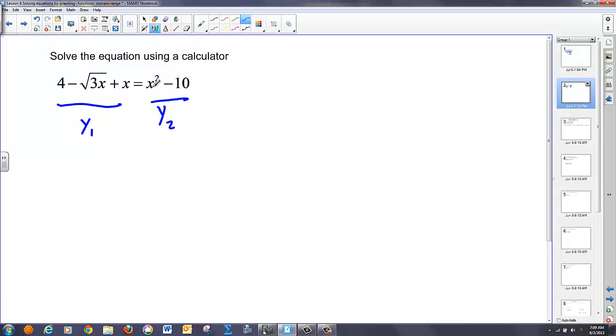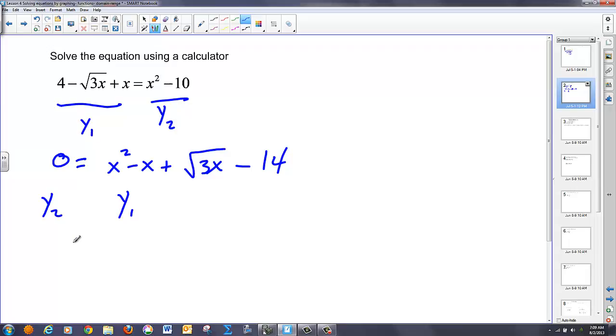I'm going to leave the x squared term positive, so I'll set the left side equal to 0, giving me an x squared minus x plus the root of 3x, and if I subtract 4 from that side, I get negative 14. So again, I'm going to call the one on the right y1 and the one on the left y2.